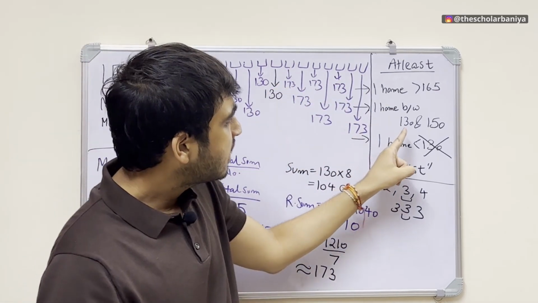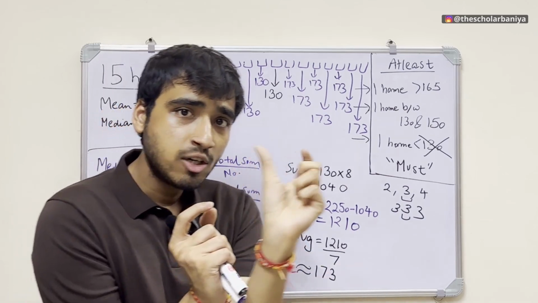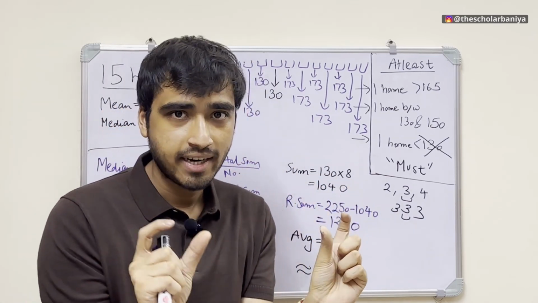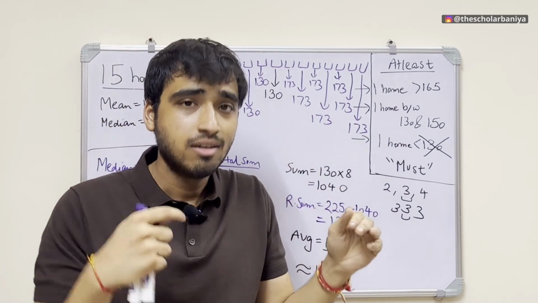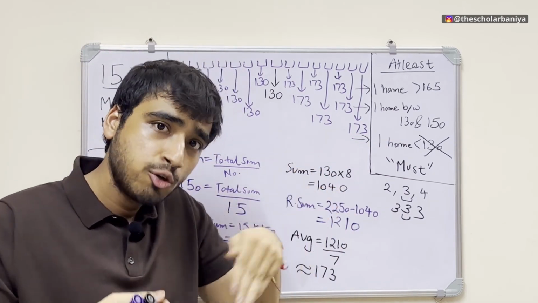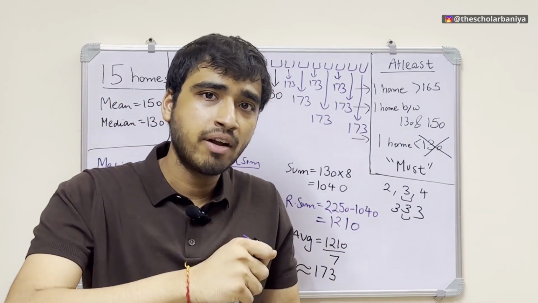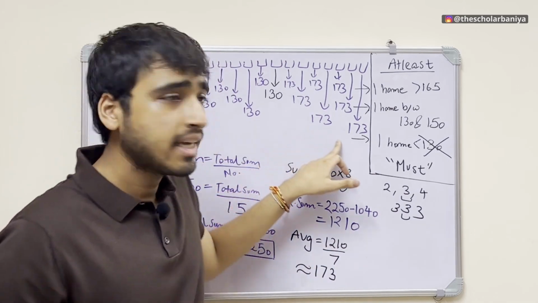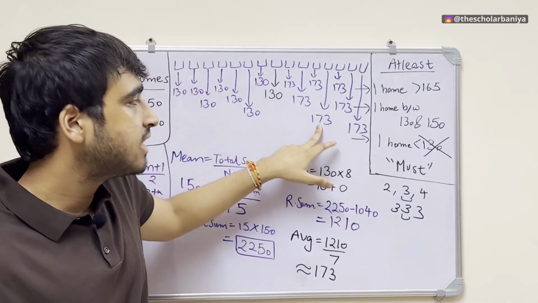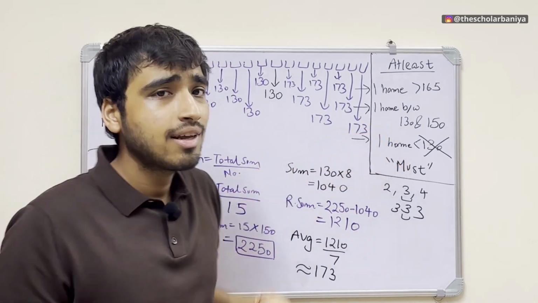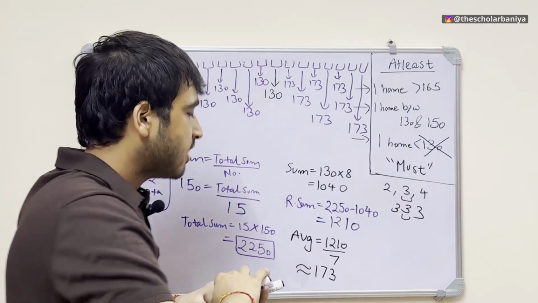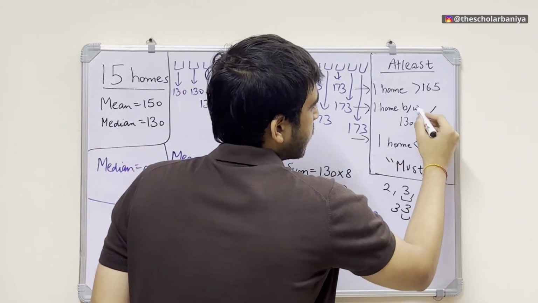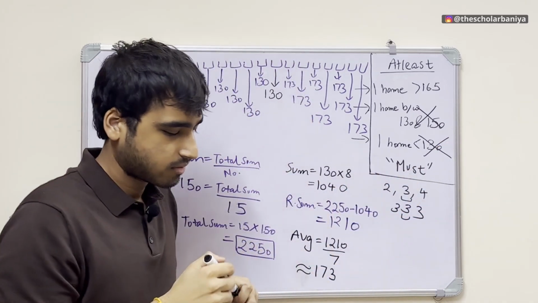But there is no house whose price is between 130 and 150. Yes, the price is 130, but we are talking about between, meaning the price should be greater than 130 and less than 150. So there is no house like this. This can be true, but it is not always true, right? So this is also wrong because we are looking for must.